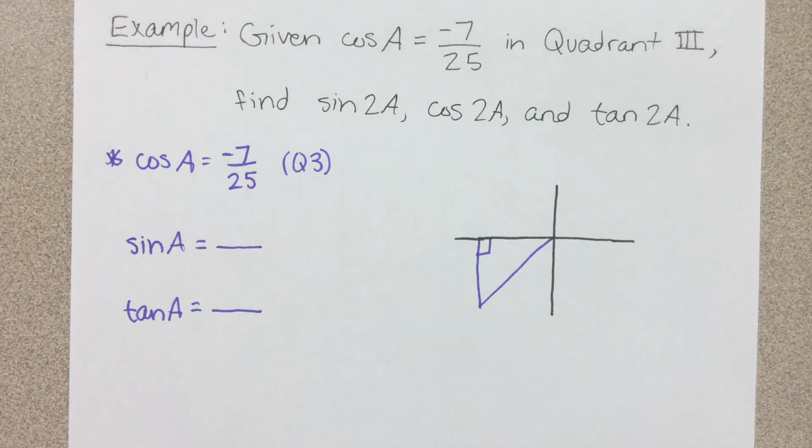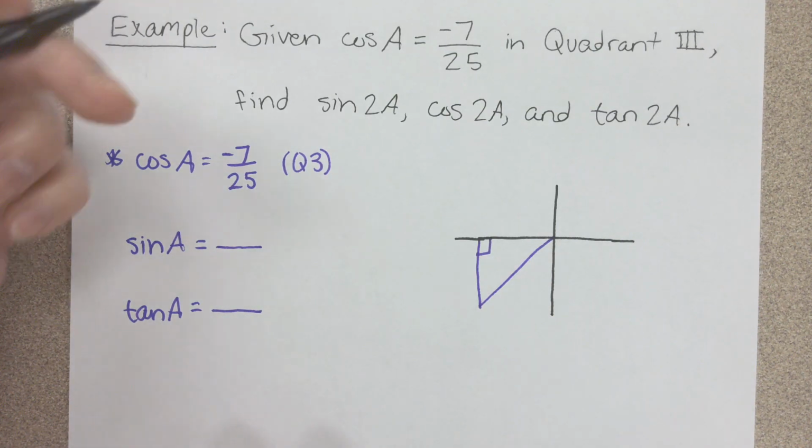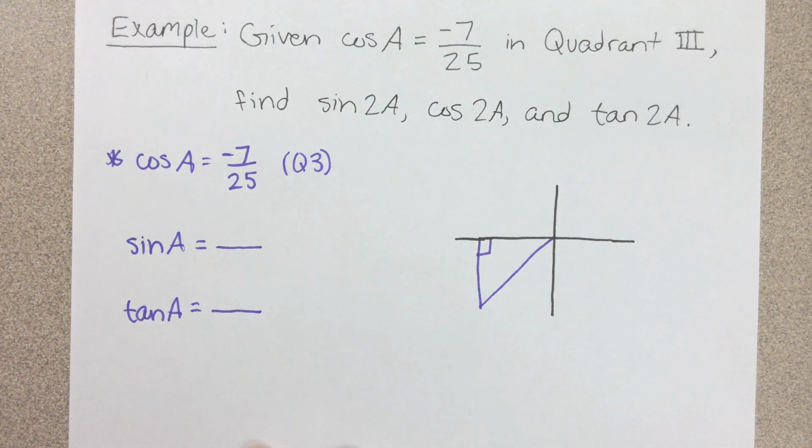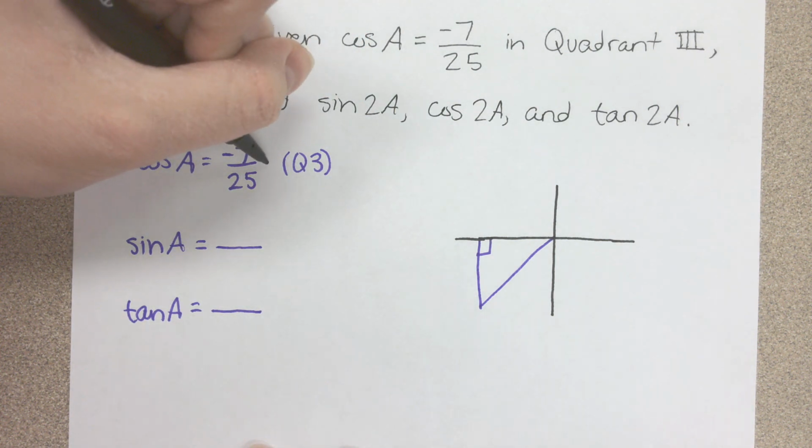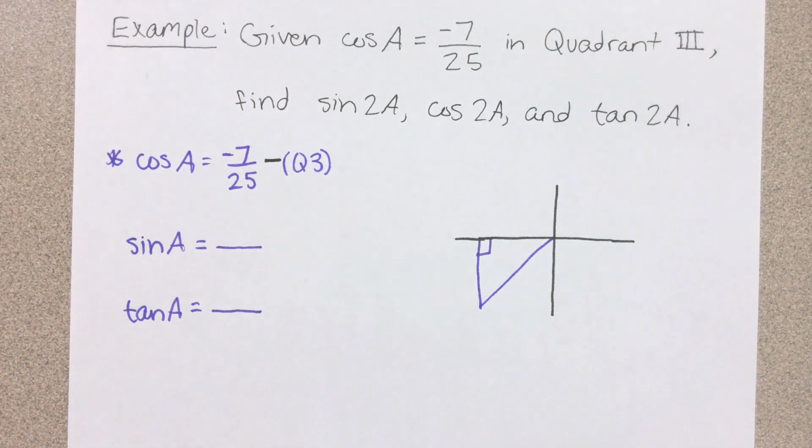To do this, we're going to need to go back to our trig ratios. So cosine, and I'll just write it here. It's going to be a little crammed. Cosine is what over what? Go back to early trig. What 2 letters? Not O and H. You're close.